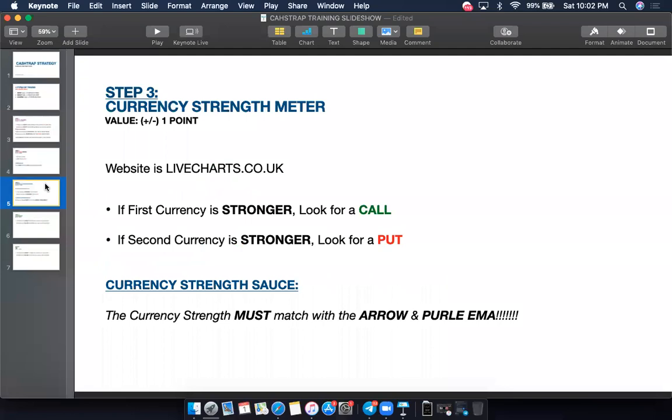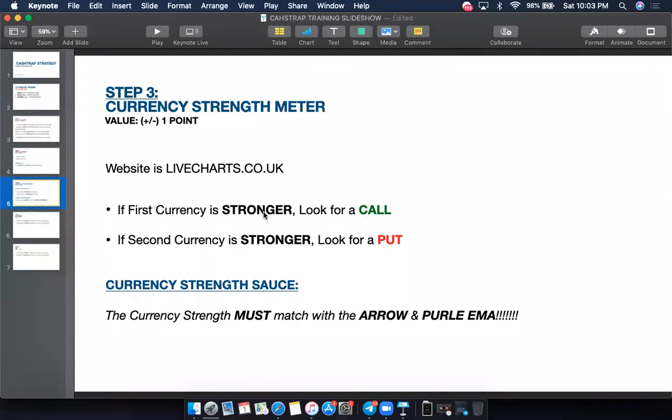If the purple line is at the bottom, that means we're looking for an up arrow. If we're looking for an up arrow, that means we're looking for the first currency to be stronger than the second currency. If the purple line is at the top, that means we're looking for a down arrow.